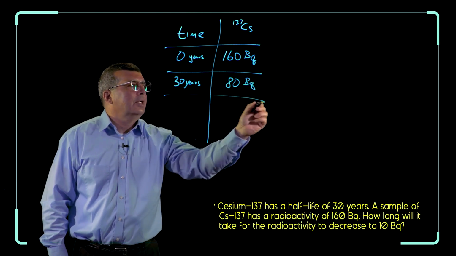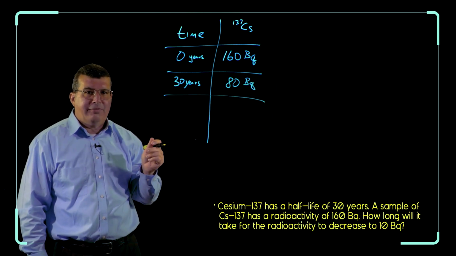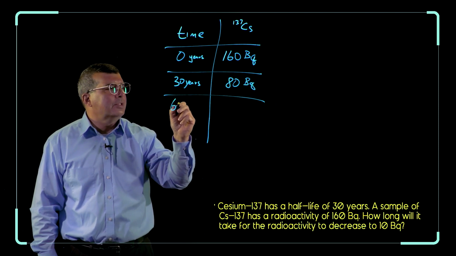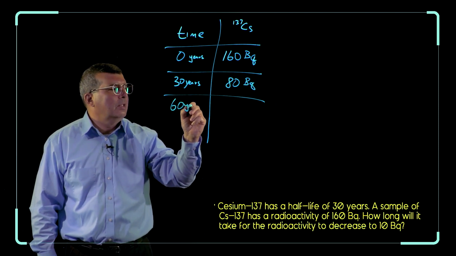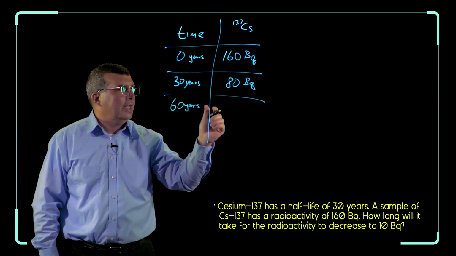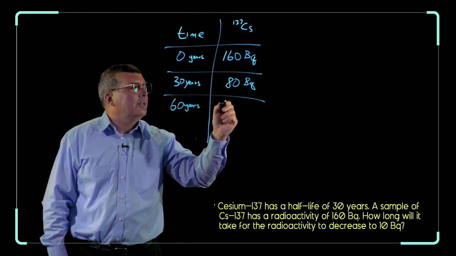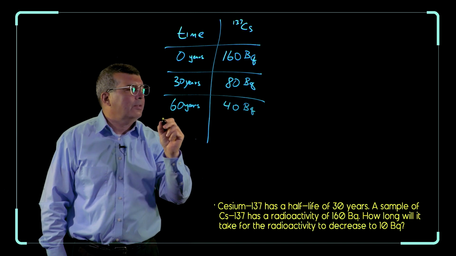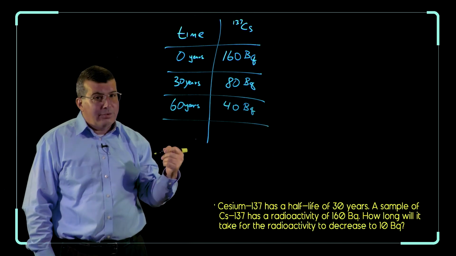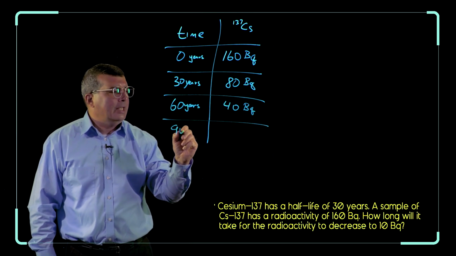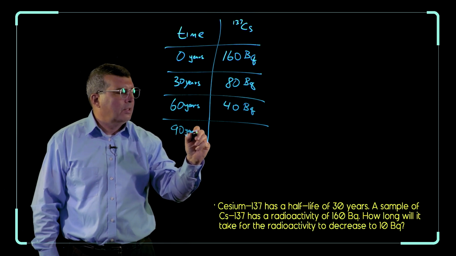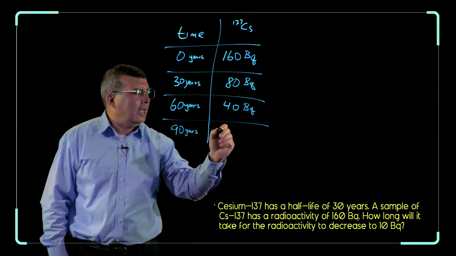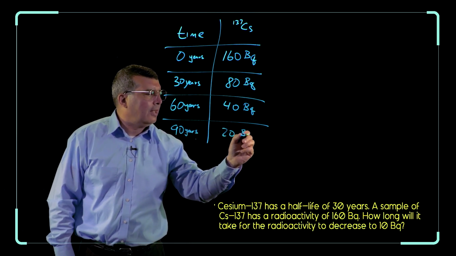After another half-life, so another 30 years, so that brings us to 60 years, we'll cut that 80 in half, and we'll be down to 40 becquerels. Another 30 years, that would be 90 years. Cut that 40 in half to 20 becquerels.